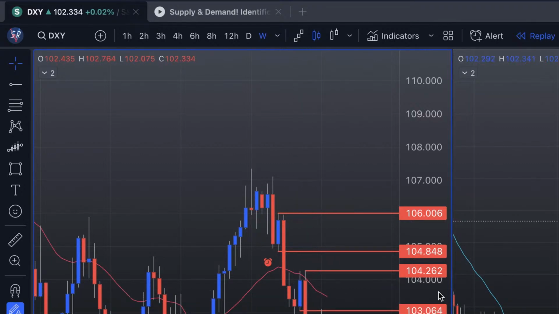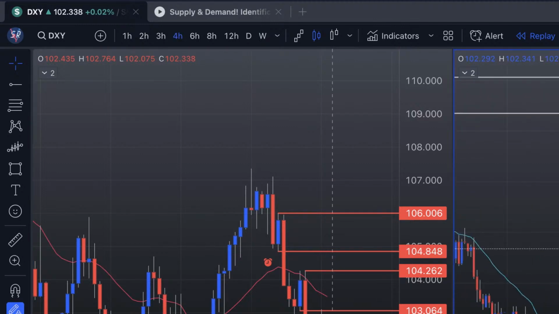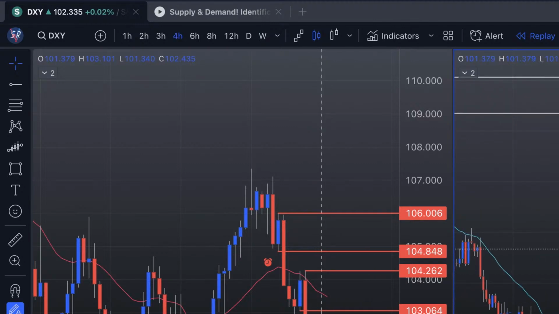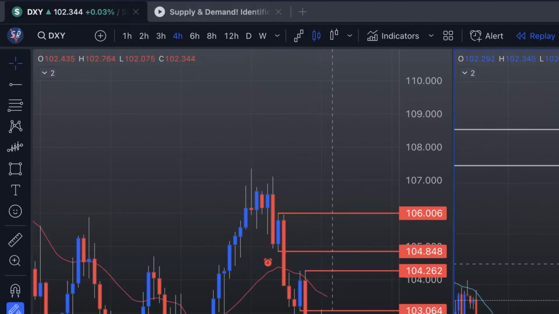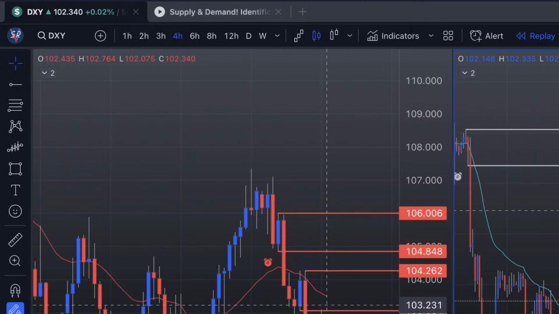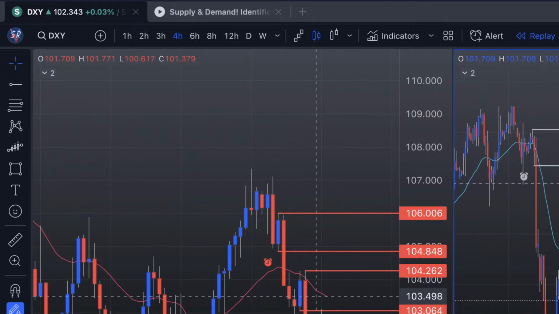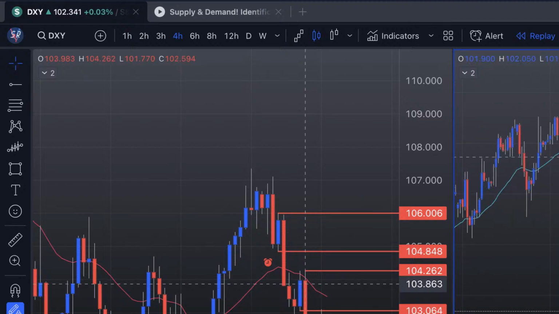So if the dollar does want to pick up some strength here, guys, it can definitely happen. It could pop down here, hit this demand here, and shoot us back up to 103.5. Very likely possibility.